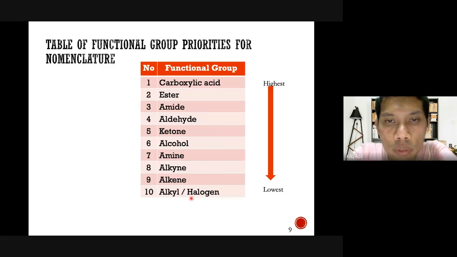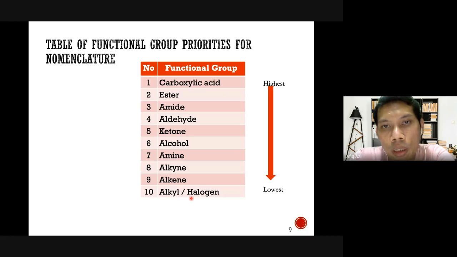So here I have listed the functional groups just now. So the table of functional group priorities for nomenclature, meaning that when you want to decide the name of a particular organic compound, you have to follow this priority table.